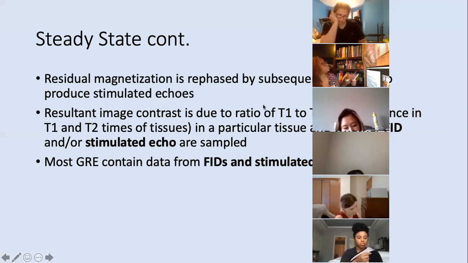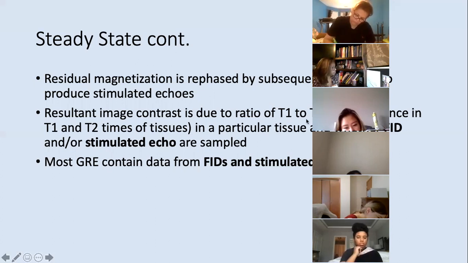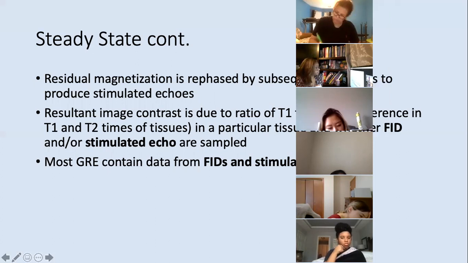We're actually based on a ratio of T1 and T2, because we have a component of transverse and a component of longitudinal. So it's going to be a ratio of T1 to T2, and whether the free induction and or the stimulated echo are sampled.